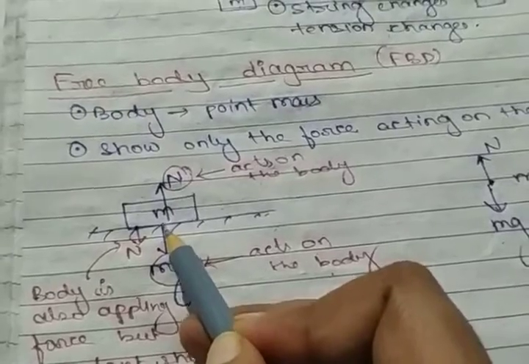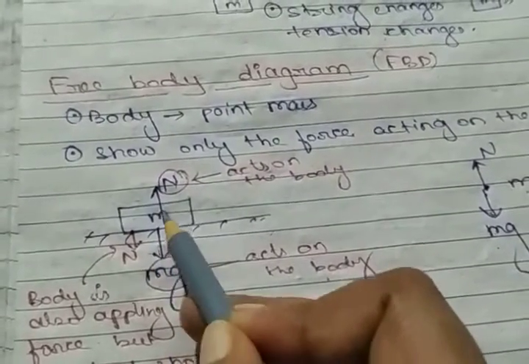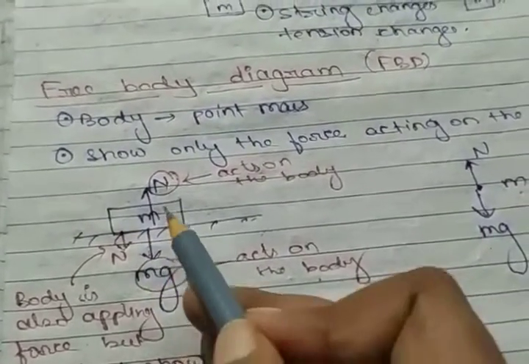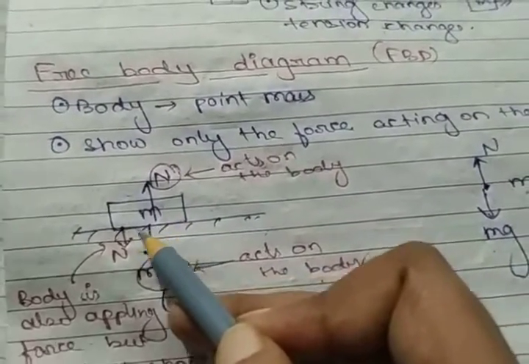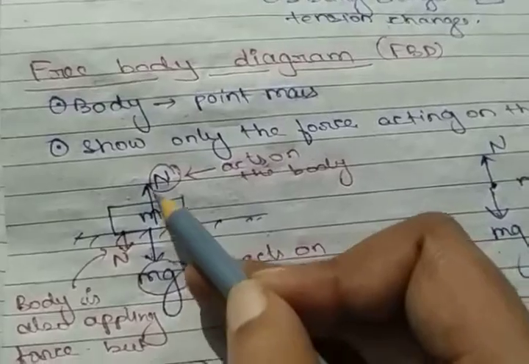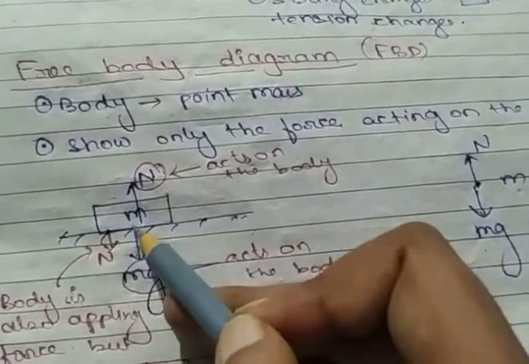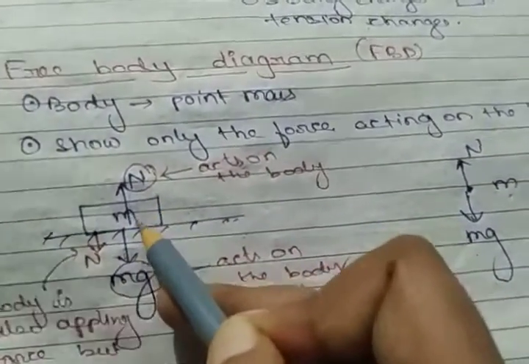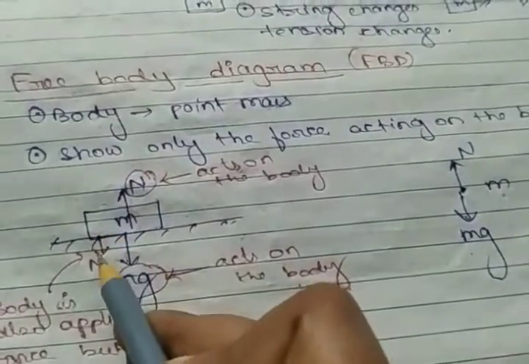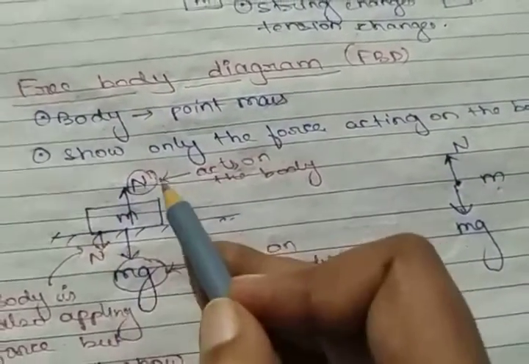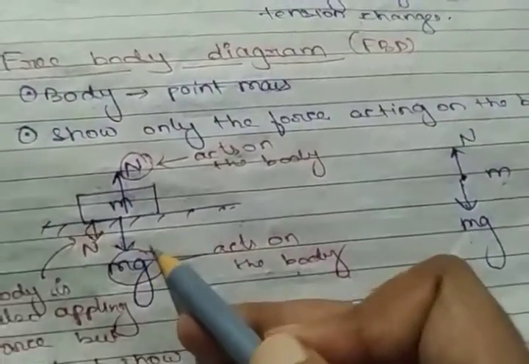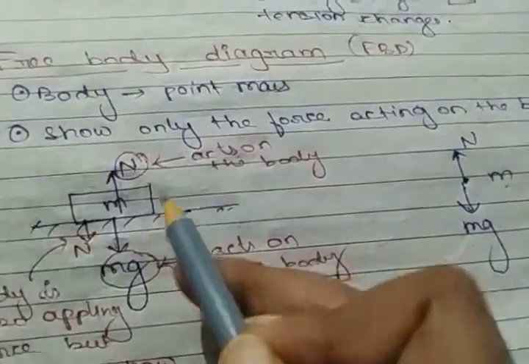The weight due to earth is pulling this mass downwards, so the earth is applying a force on this mass, that is mg. The surface is applying a force on it, that is normal reaction. The mass is also applying a force on the surface, but this we will not see. We will consider only those forces which are applied on the body.